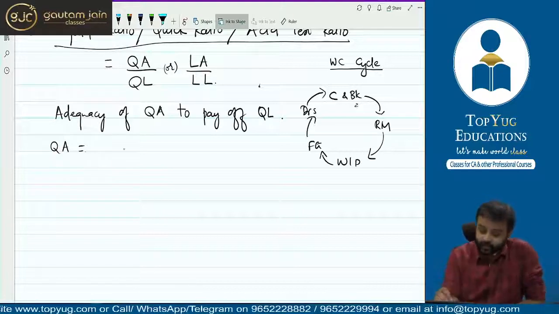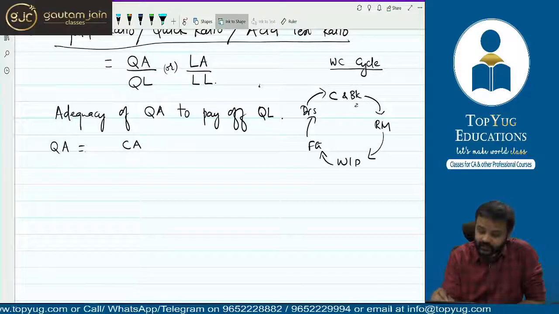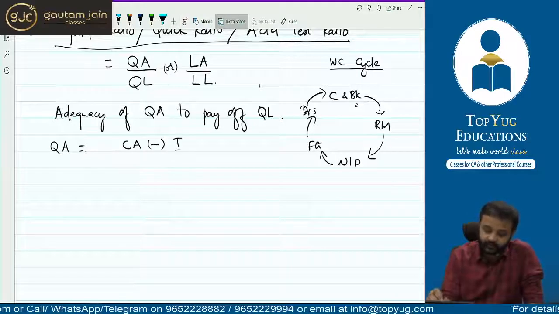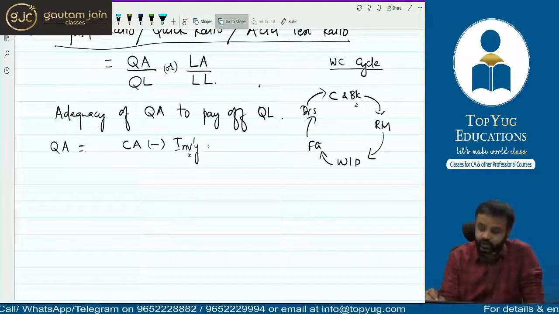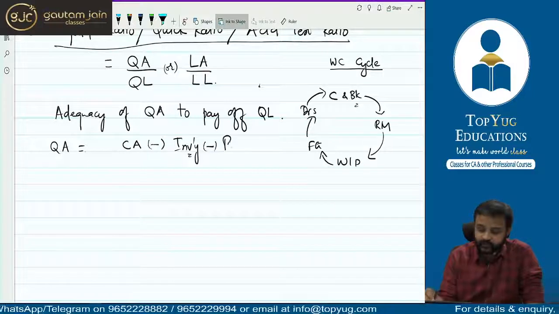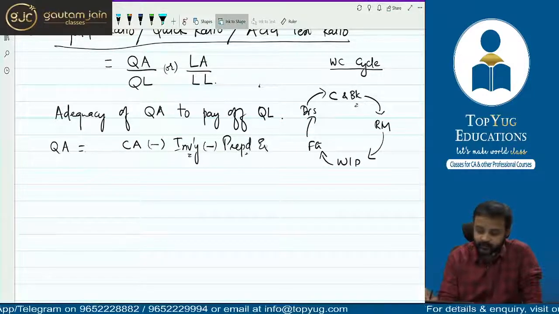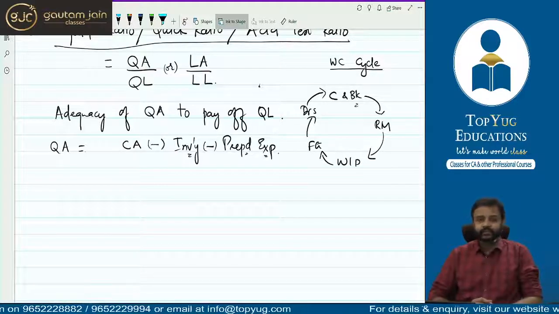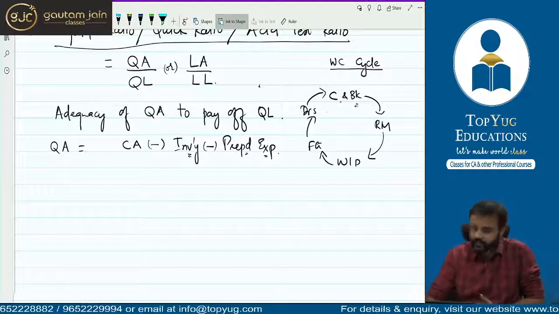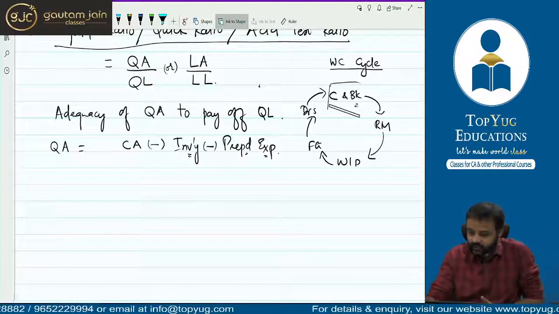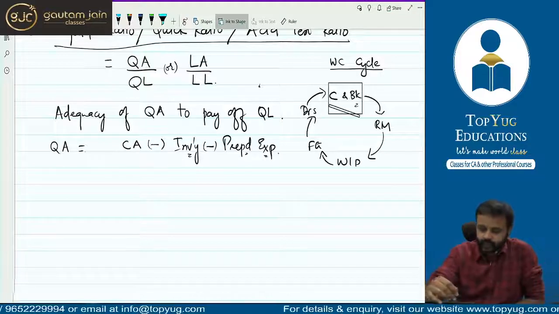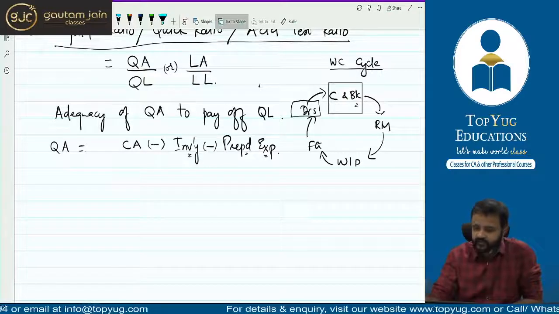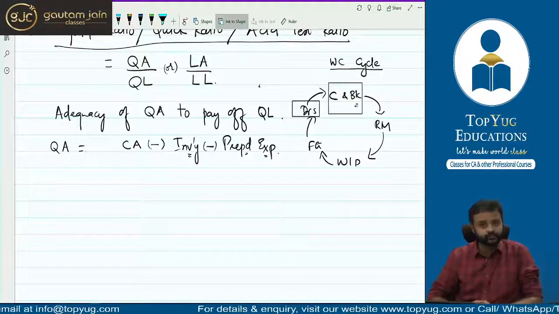No. You might know that quick assets are current assets minus the inventory, that is the stock, minus prepaid expenses if there are any. So quick assets means nothing but cash, and nothing but debtors or bills receivable.